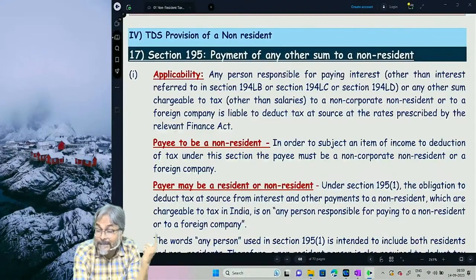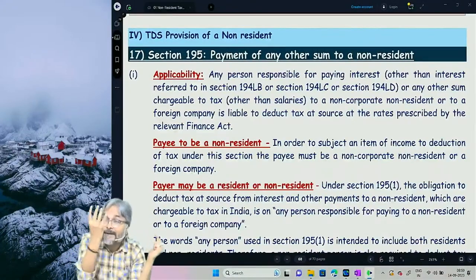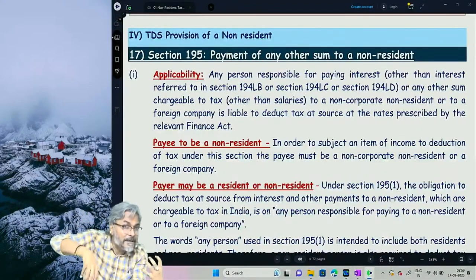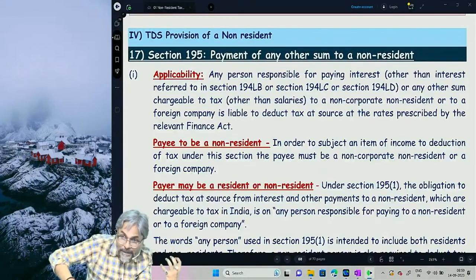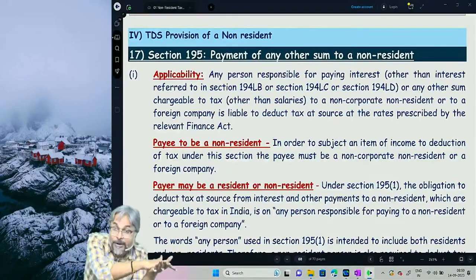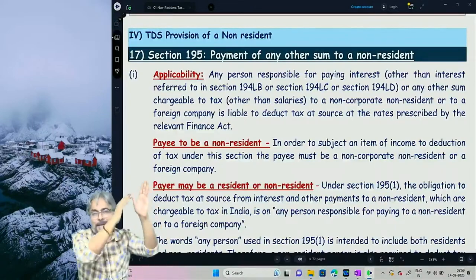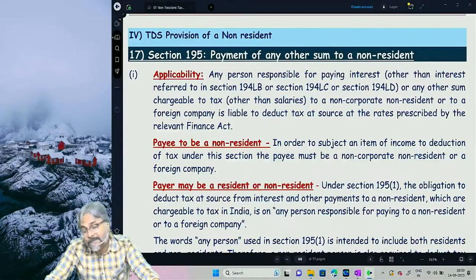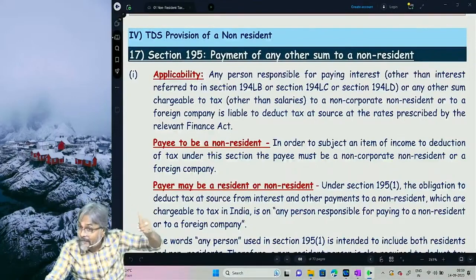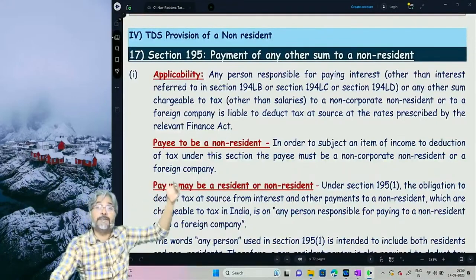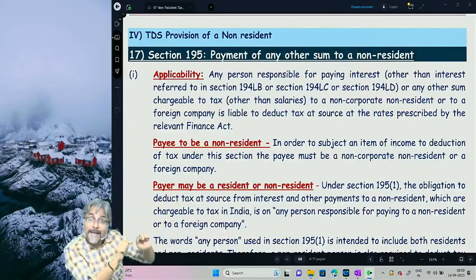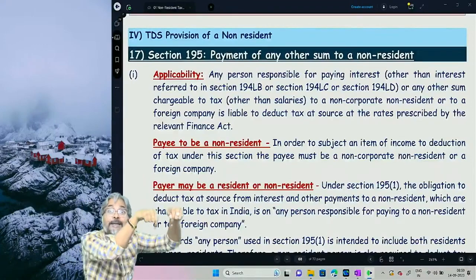How do you establish that this is an income which is deemed to accrue or arise in India? Because it is hire charges received in respect of an asset or a property which is situated in India. Therefore the hire charges which British Airways is receiving is an income which is deemed to accrue or arise in India and hence chargeable to tax under the Act.